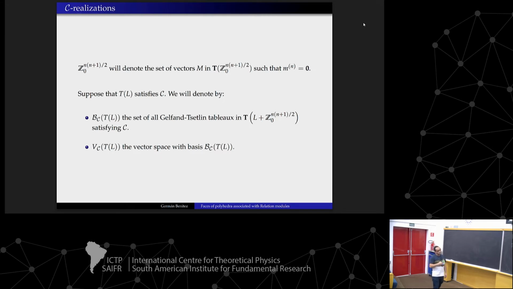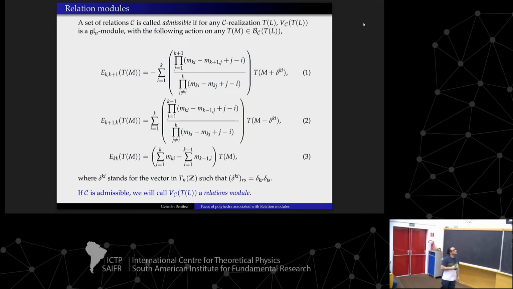Now, we say that the set of relations is called admissible if for any realization the vector space previously defined has the structure of a GL_N module over the Gelfand-Tsetlin formulas. This is the weight relative to the Cartan subalgebra of GL_N. If the set of relations is admissible, we will call the vector space a relation module.